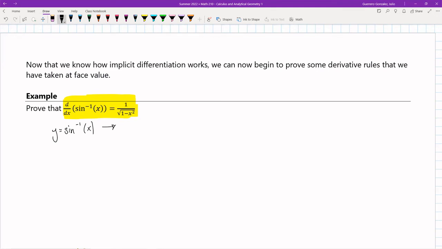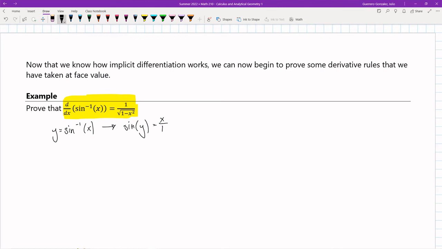If y is equal to sine inverse of x, then that means that if I do sine of my function y, whatever it is, that should be x. And this is going to be an x over 1, right?